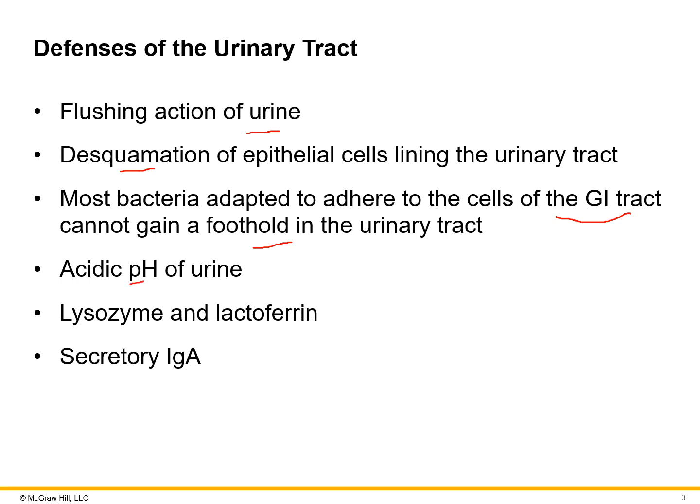The urine in the urinary tract is acidic, so even if bacteria do get in there, typically they're inhibited by that pH. There are also some enzymes, so lysozyme, that helps with especially those cell walls and those gram-positive bacteria, and then lactoferrin sucking up all that iron, and they have secretory IgA antibodies.